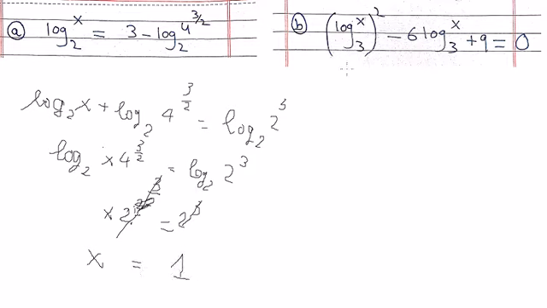Now let's go to b. We put t equal to log base of number 3 of s. So this one you get t squared minus 6t plus 9 equal to number 0.